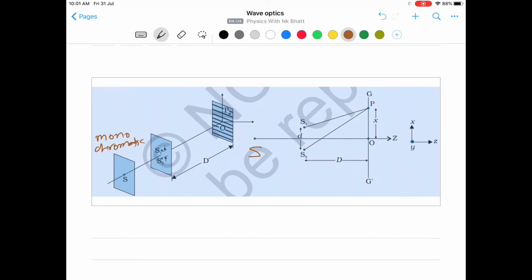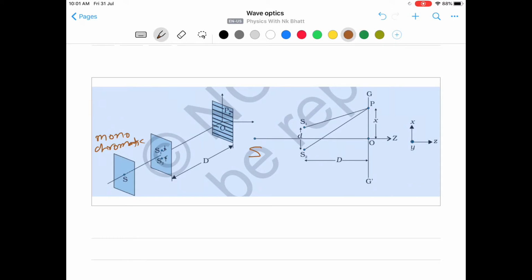When these waves originate from S1 and S2, these are two coherent sources, because the distance between the screen and the plane of the slits is not changing. Moreover, the distance between the two slits is also not changing, and the source is also at a fixed distance. In that way, these two sources will act as two coherent sources.